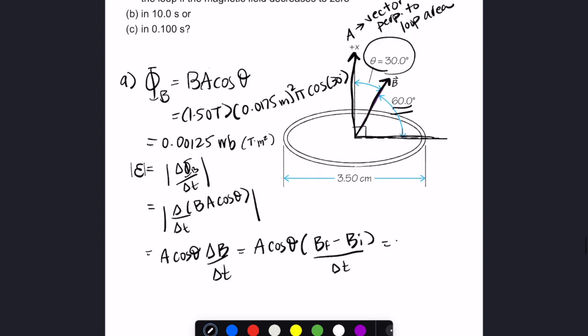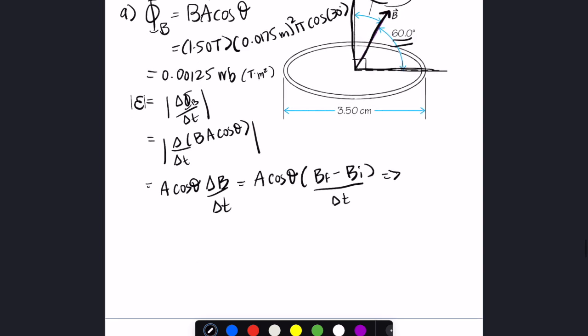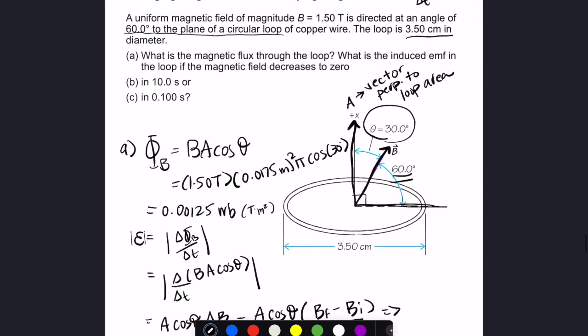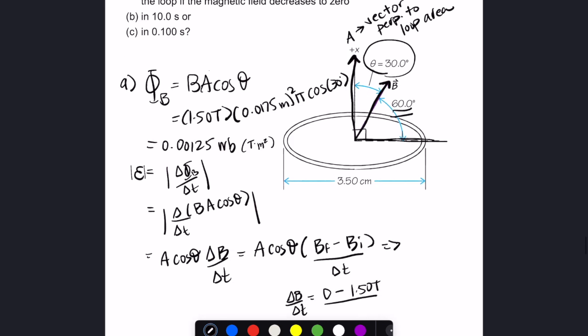Let's write delta B over delta t as 0 minus 1.5 over, now let's see, what's the time? Part B. So technically we're working on part B. They kind of slipped it in on us, right?